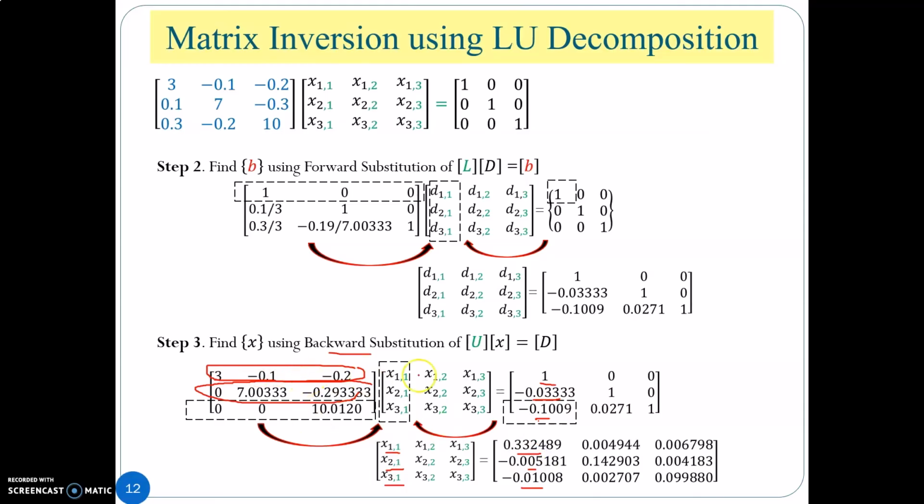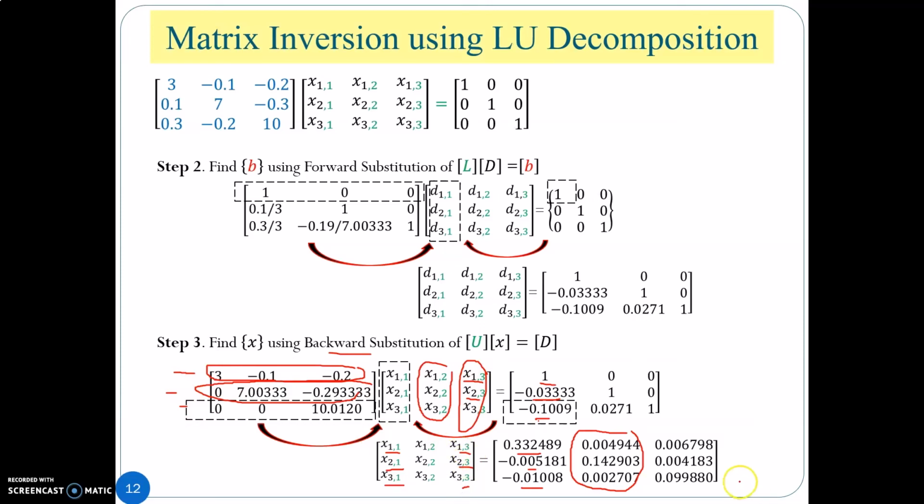Repeat the same procedure by multiplying these 3 rows with the second column here, and you obtain this answer. Then continue with the last column here, multiply with these 3 rows, and you obtain another 3 answers.